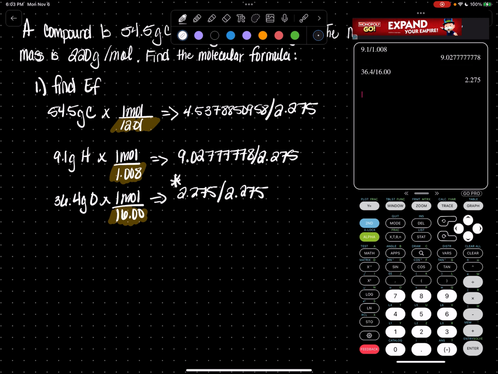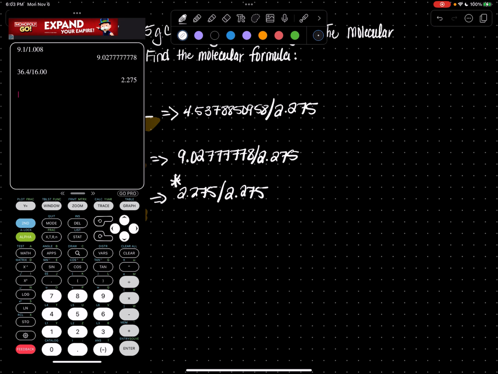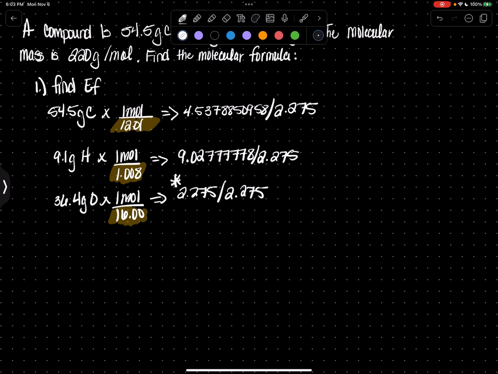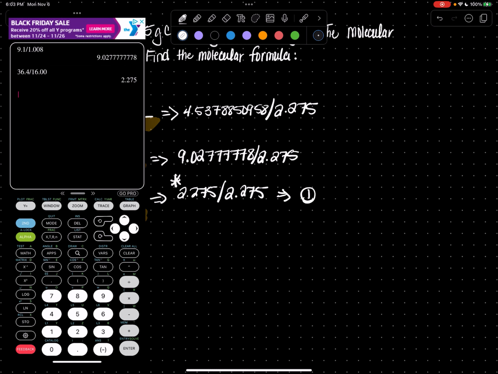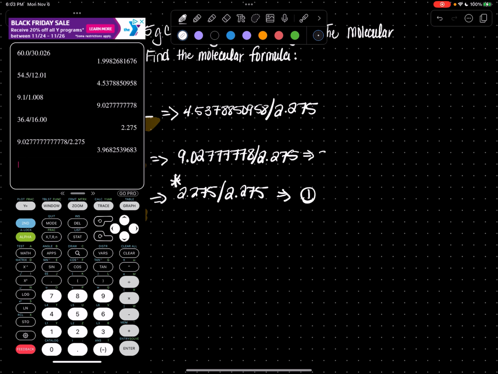So I'm pretty far into my molecular formula calculations here. So let's make sure I don't have to do any doubling. So I need that one divided by 3.96825, blah, blah, blah.